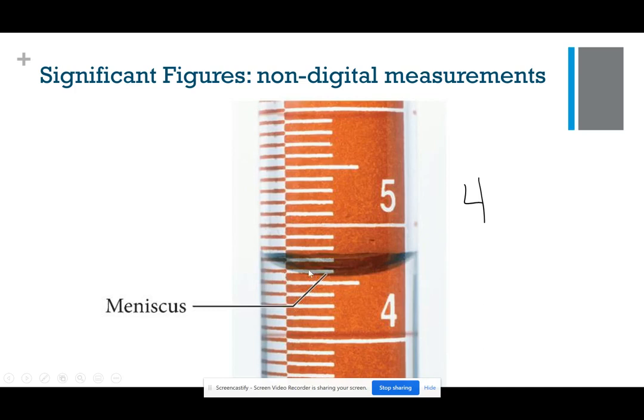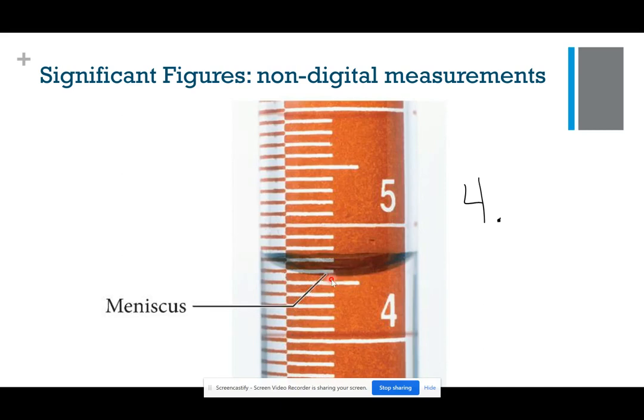And these tick marks tell me with certainty something else about the water level. So the tick marks are going to be a decimal. If I start down here at the 4, this is going to be 4.1, 4.2, 4.3, 4.4, 4.5, 4.6, and so on.